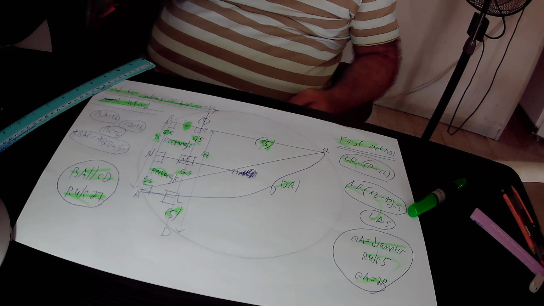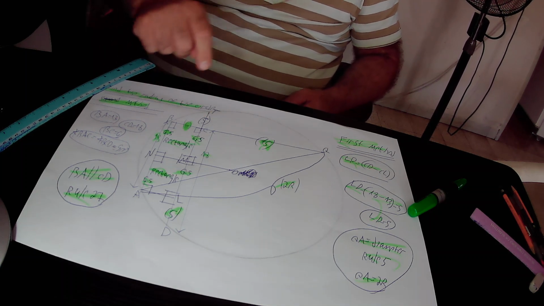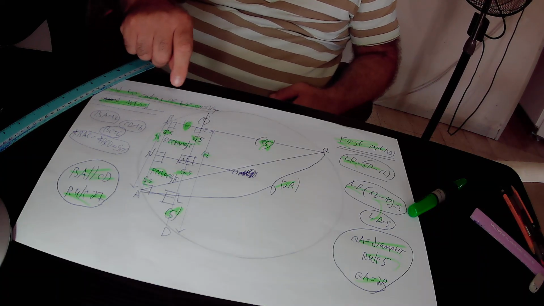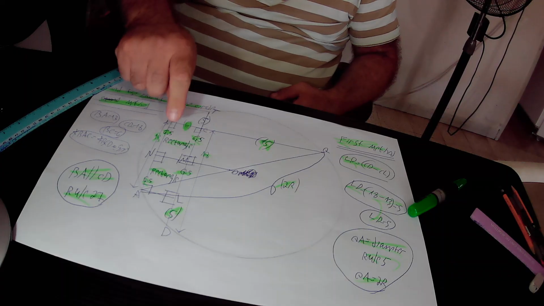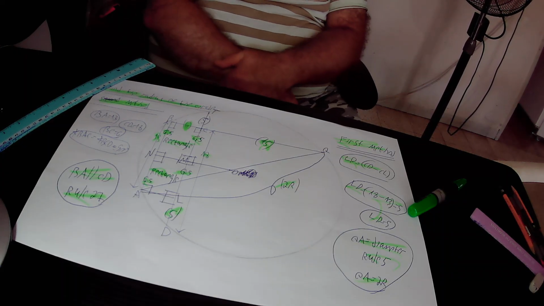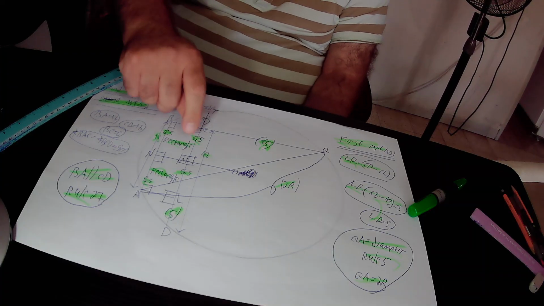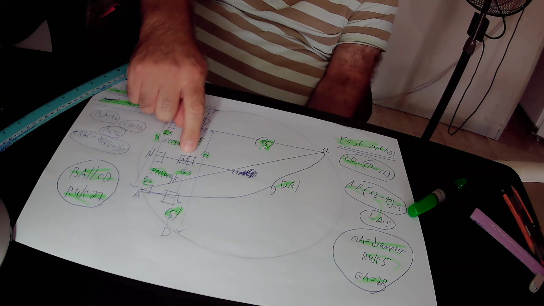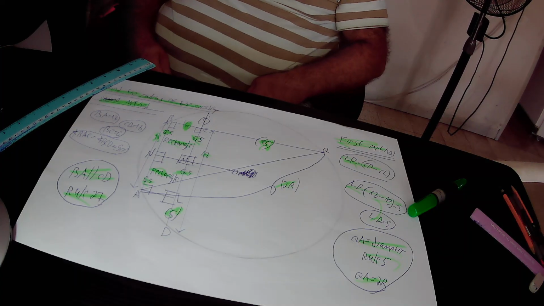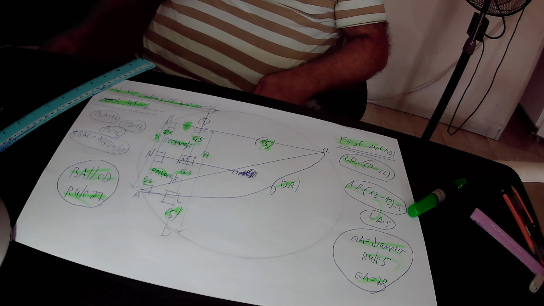So here, by doing this construction, you get quadrilateral BCMN. Inside quadrilateral BCMN, we have 1, 2, 3 right angles. The sum of 3 right angles is 270 degrees. So 270 degrees plus the size of this fourth missing angle in total must be equal to 360 degrees, according to the rule that the sum of the angles in any quadrilateral is equal to 360 degrees.